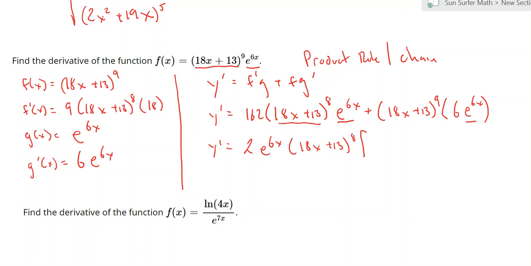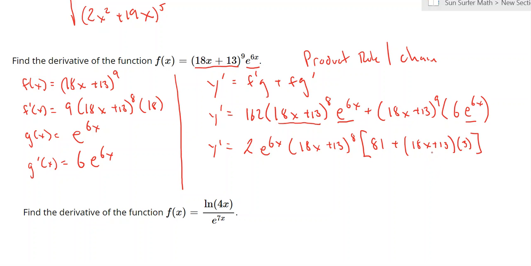And so what's going to be left over? Well, dividing 162 by 2 is going to give me an 81. I took 8 of these 9 factors out, so I have 18x plus 13. And I took the e to the 6x out, and I took a 2 out of the 6, so I have a 3.